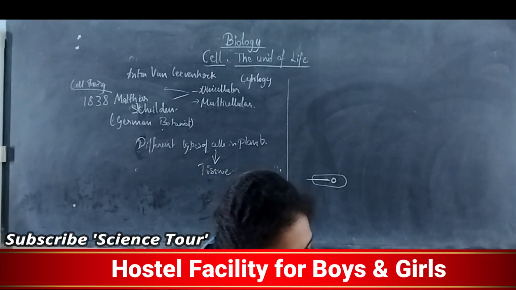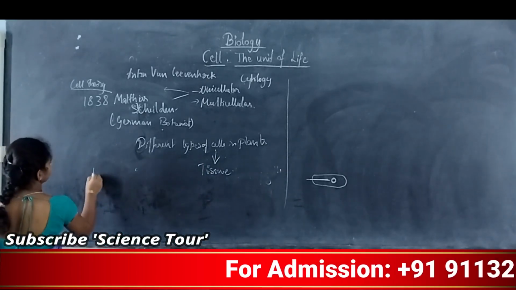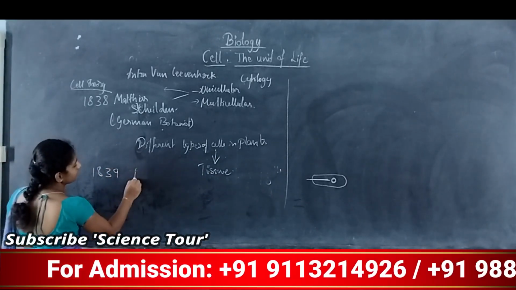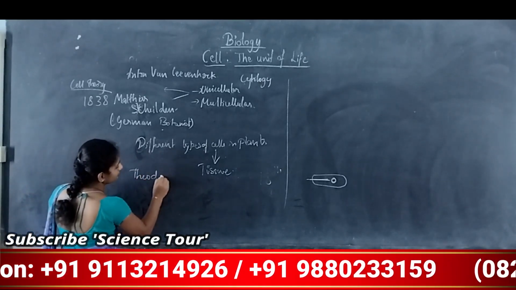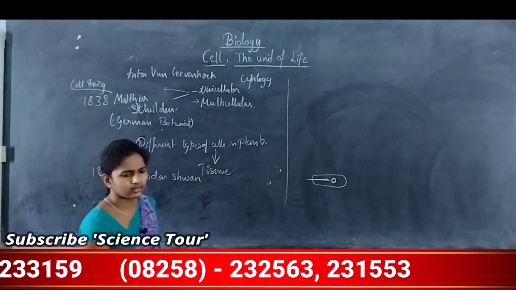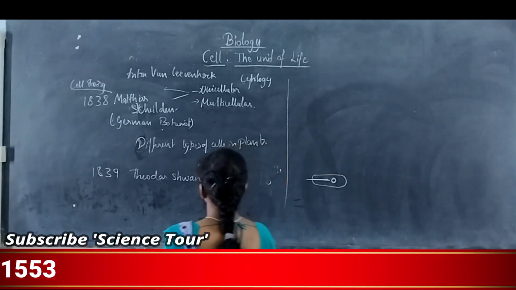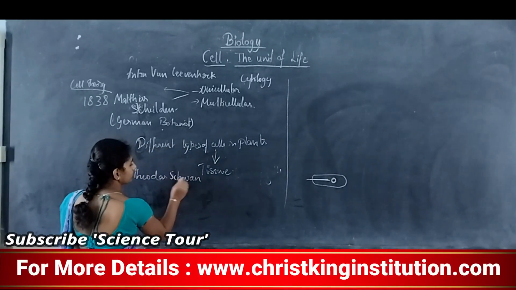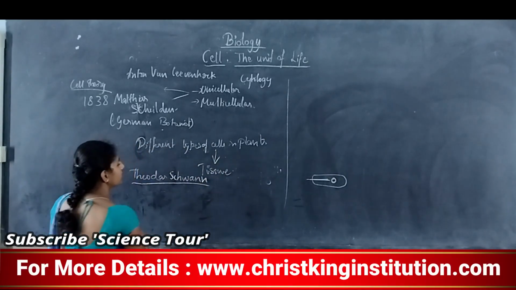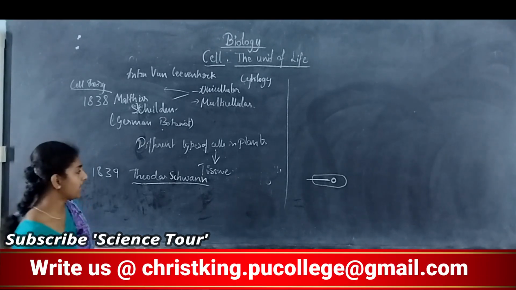At the same time, Theodore Schwann in 1839, who is a British zoologist, started to examine the animal cell.